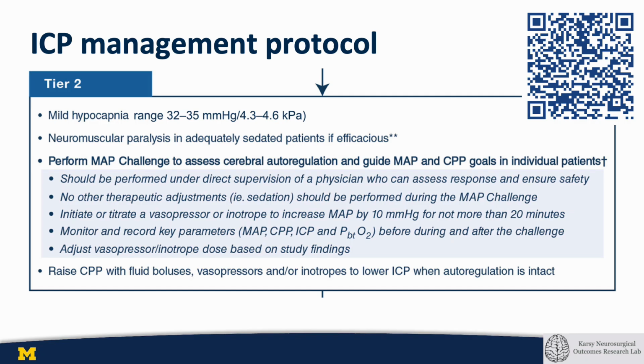It could be a way to evaluate someone's cerebral autoregulation and then adjust blood pressure parameters depending on what the autoregulation looks like at the time. Raising the cerebral perfusion pressure with fluid boluses and vasopressors is another idea.